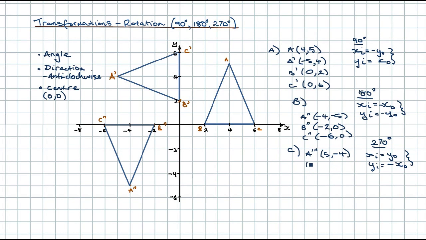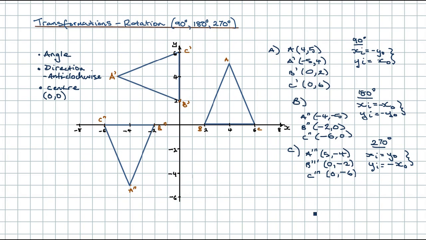B prime prime prime is going to be, well, negative 0, which is just positive 0, which is just 0, and negative 2. And C prime prime prime is going to be again positive 0, but negative 6. So we make the y component negative.